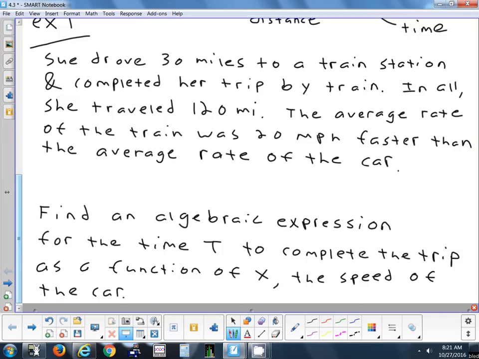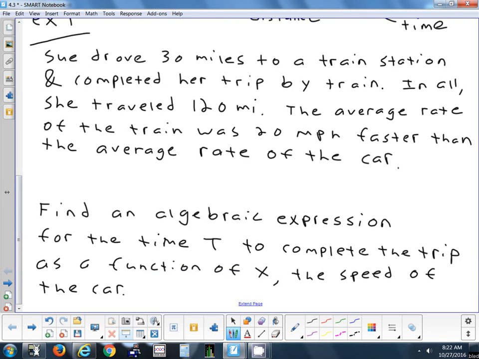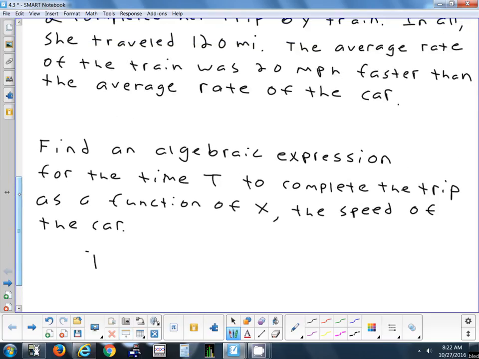How long would it take her to complete the trip? We'll be able to plug 33 in for x, and it'll take into account everything we said in this problem and figure out the time it takes to complete the trip.